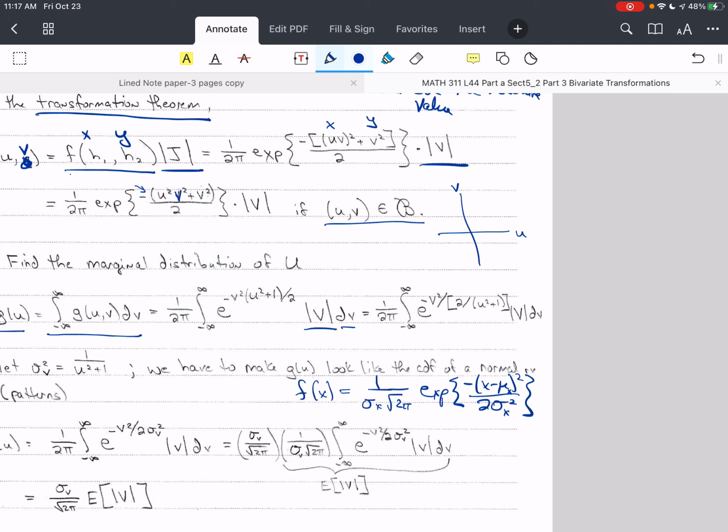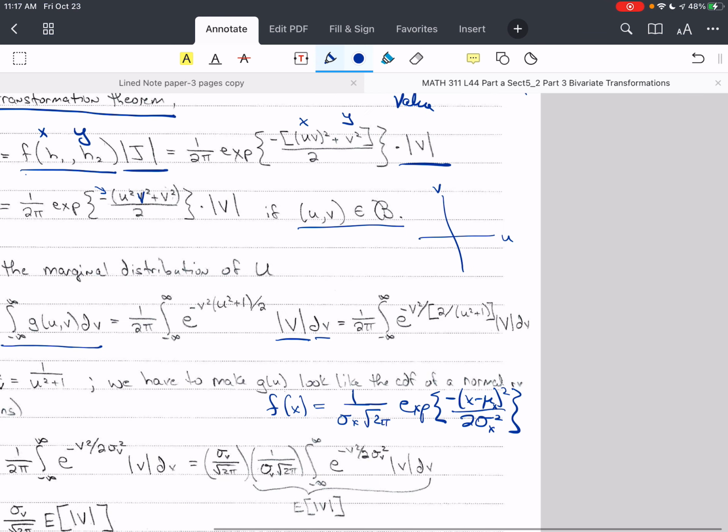We've got 1 over 2 pi, so it's easy enough to get the square root of 2 pi. Remember that we're taking the integration with respect to v. So u is a constant, and I want v to be my variable. I need v squared, that's negative v squared, to be on the top by itself. And then I need to take this and put it in the denominator so that I have 2 times sigma v squared on the bottom.